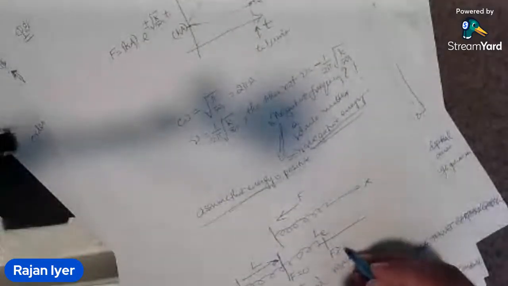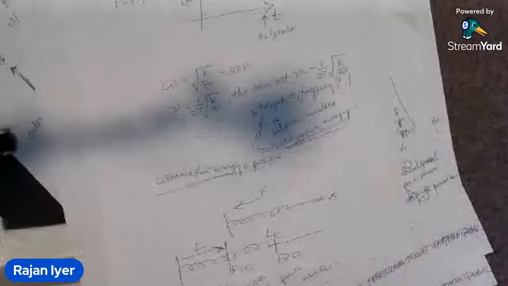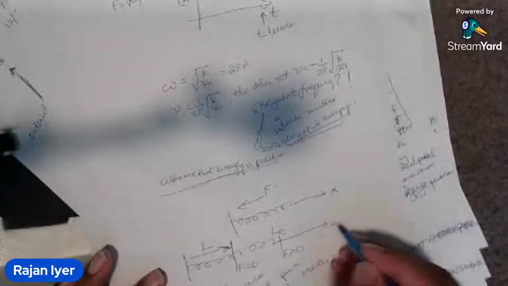Force is greater than 0 here. At the normal length, force is 0. So then it should go negative. The force would go negative past the normal length, as in closer to the 0 x value.